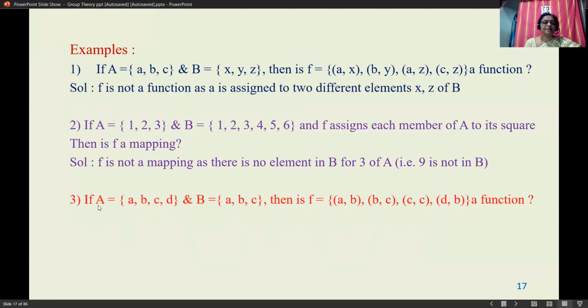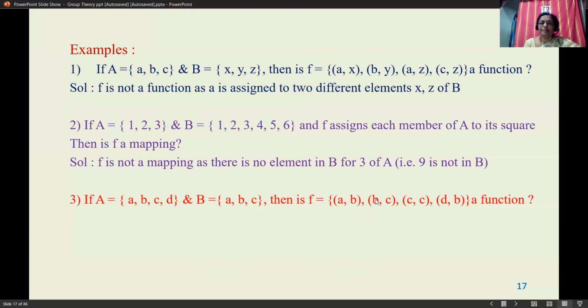Third example. If A is the set containing A, B, C, D and B is the set containing A, B, C, then F is equal to the collection of ordered pairs AB, BC, CC and DB. Is it a function? See here, what is given? A is associated to B. A appears only once in the first coordinate, so for A it is okay.